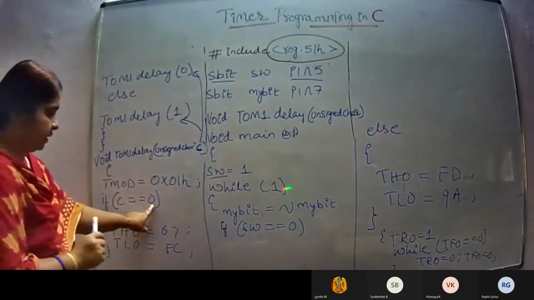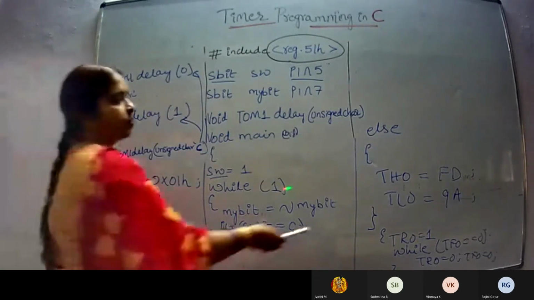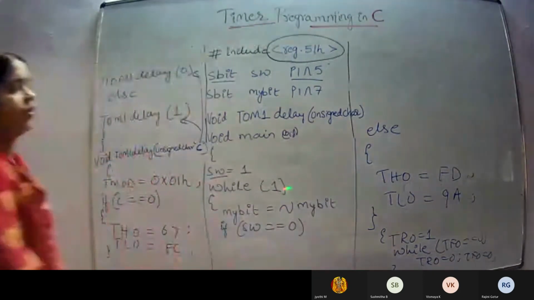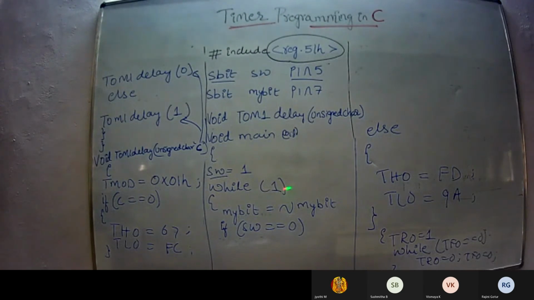If it is 0, this delay will be generated, that is 500 Hz. If it is 1, the other delay will be generated. So first find out the TMOD register and load it. Next find out TH0 and TL0, load them and calculate the answers. Okay, thank you.